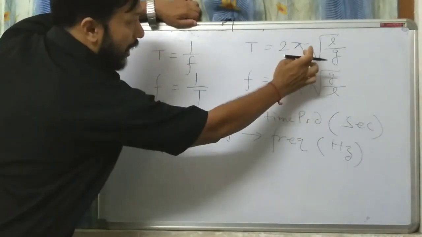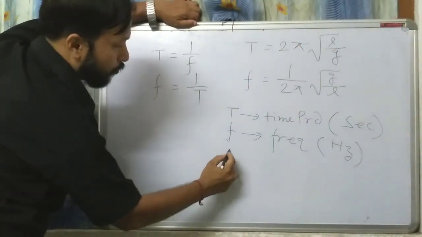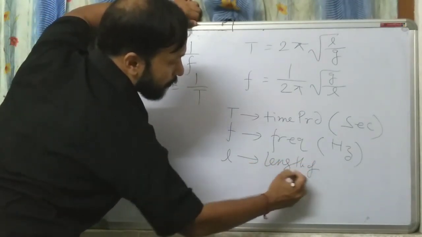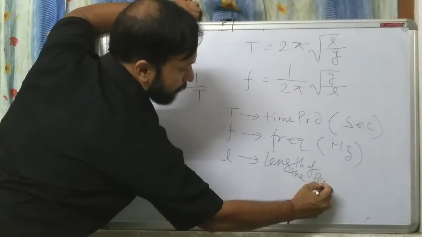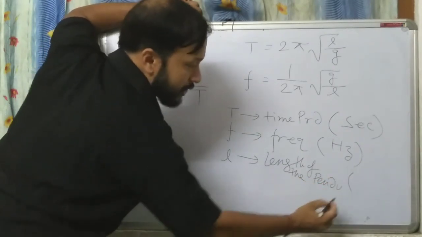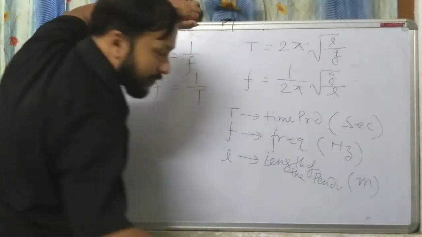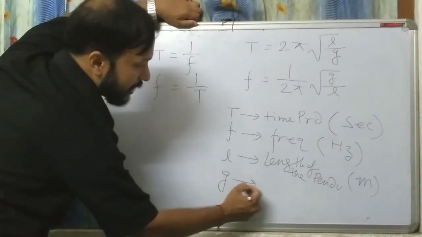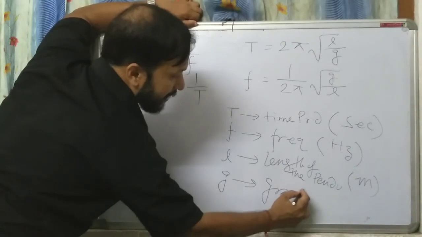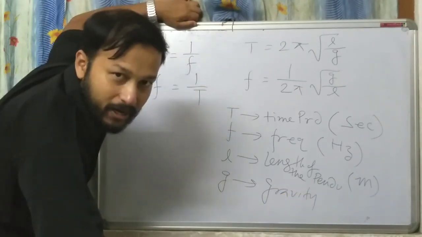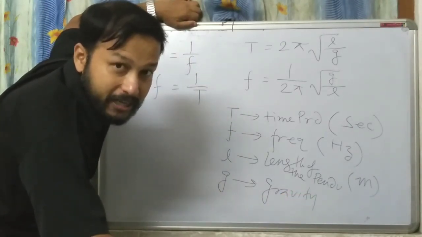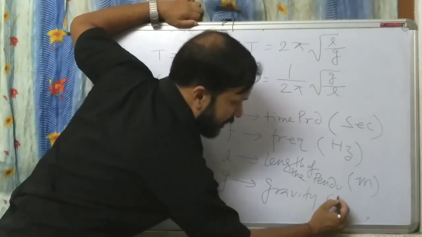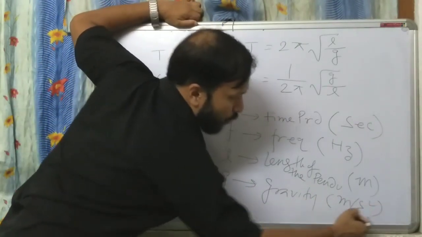Now, this L. What is L? Length of the pendulum. What is the unit? Meter. Now G. What is G? Gravity. What is the unit of gravity? Meter per second square. We already discussed meter per second square.